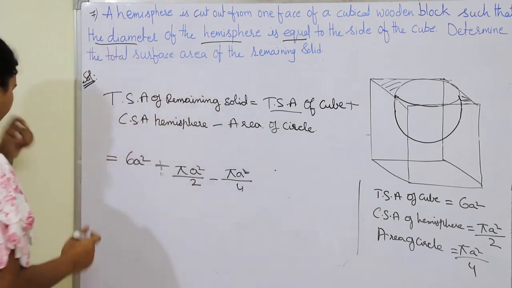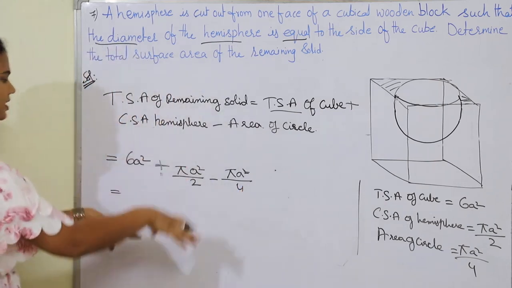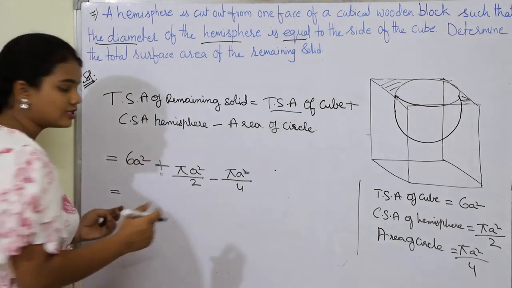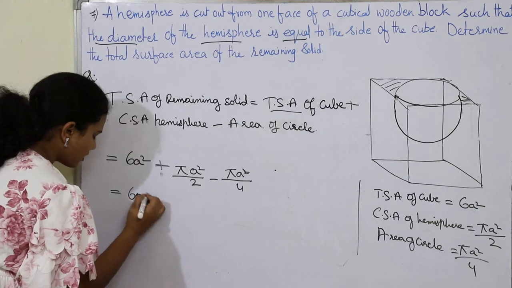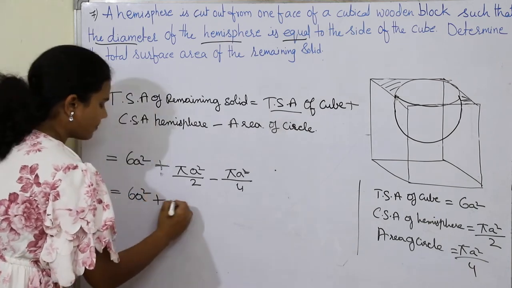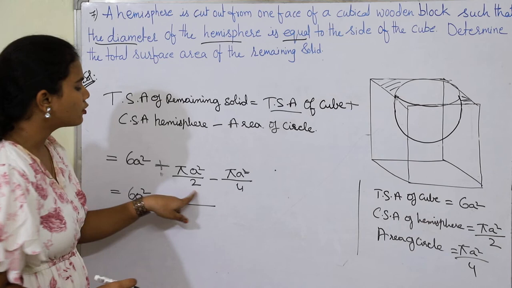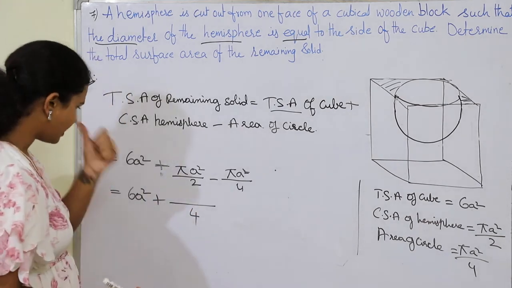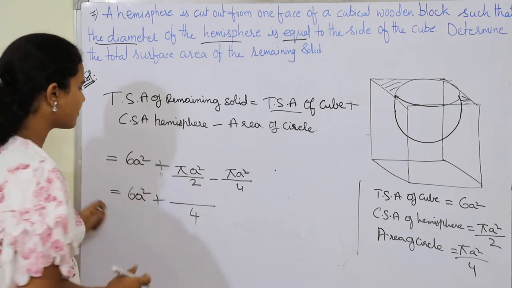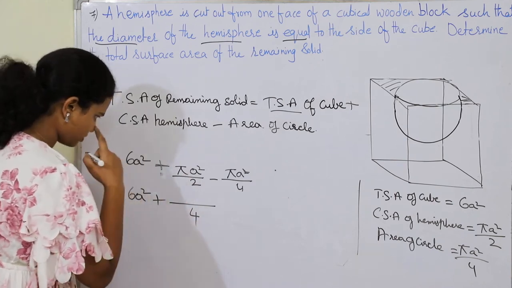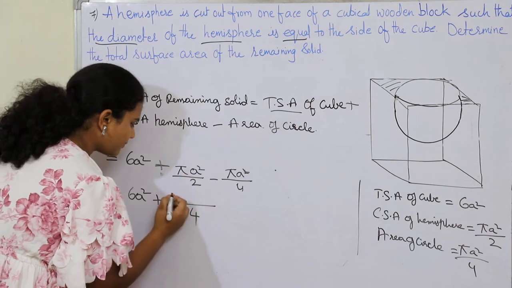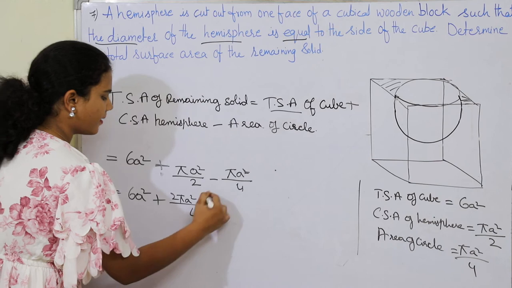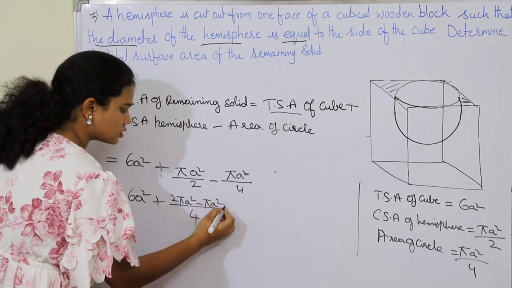Now here if we further simplify this equation, so this gets 6a square plus, if you take LCM for 2 and 4, this gives what? 4. LCM for 2 and 4 gives 4. So LCM into numerator by denominator, this gives 2 pi a square minus again over here pi a square.